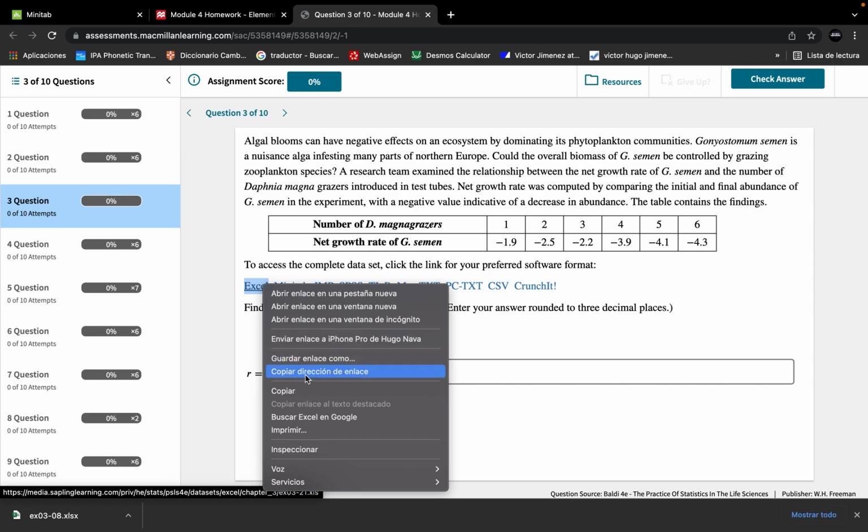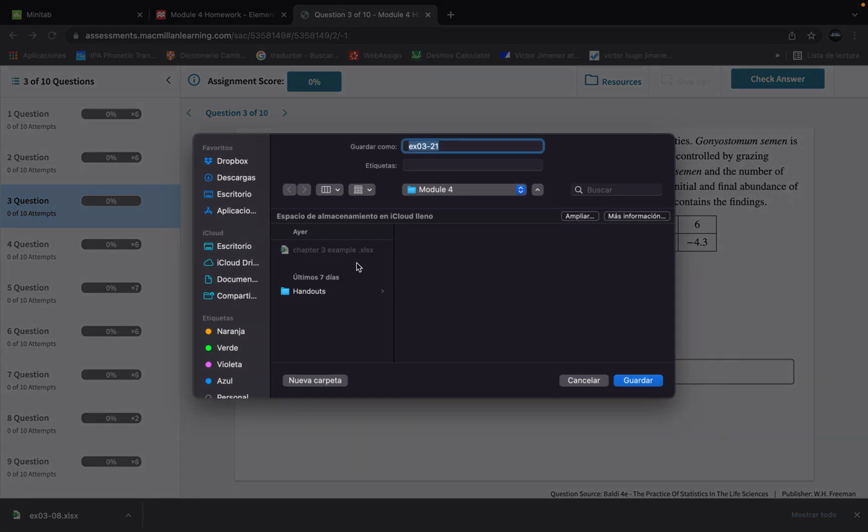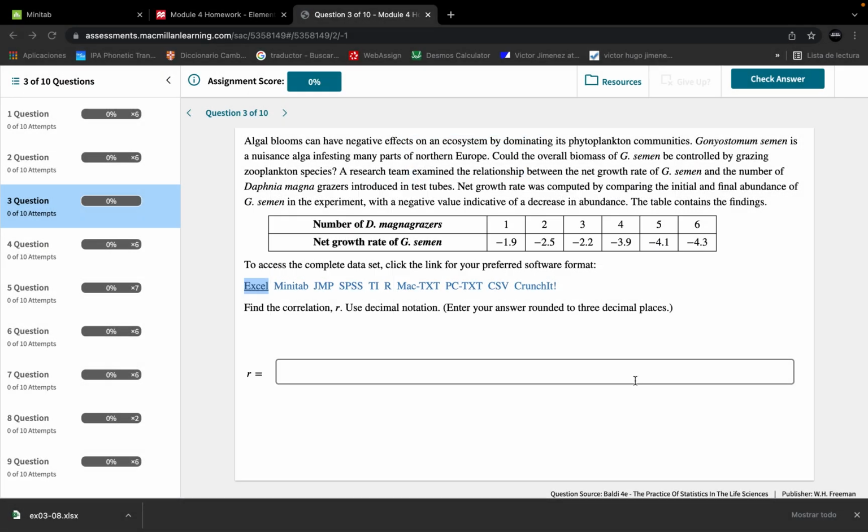I'm sorry, the options here show up in Spanish. I'm going to choose the option guardar enlace como. In English, remember this is save as. I'm going to download this and put it in this folder.